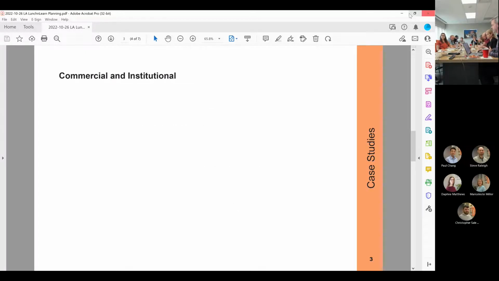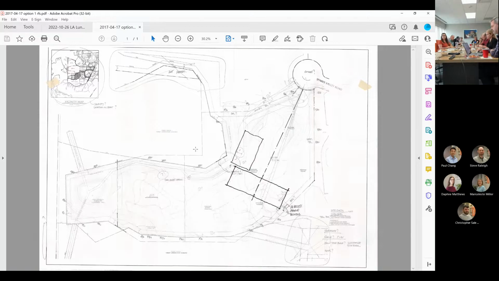So first of all, these are the commercial and institutional projects and case studies I go through. I'll start with Sparks Lot 5. These are a series of sketches that we did for Sparks Lot 5. This is a fairly complicated shape for a property. It's accessed from a cul-de-sac at the north end of the site.